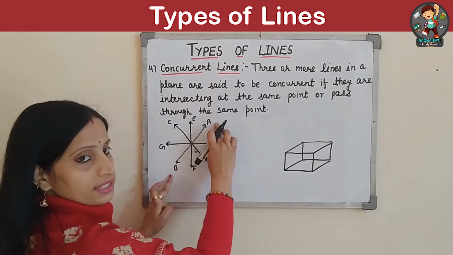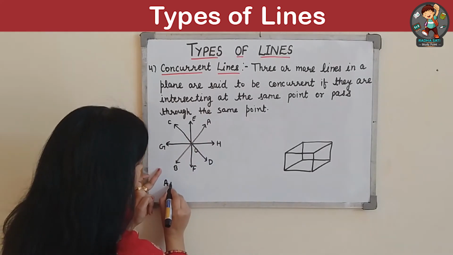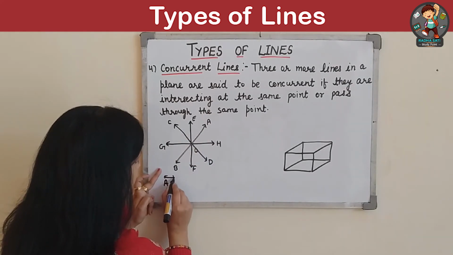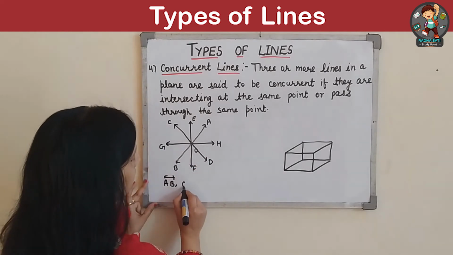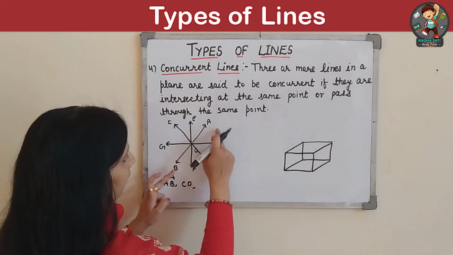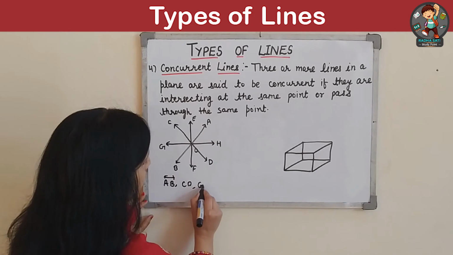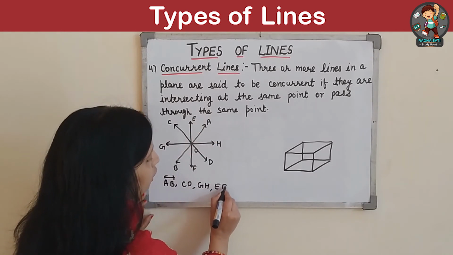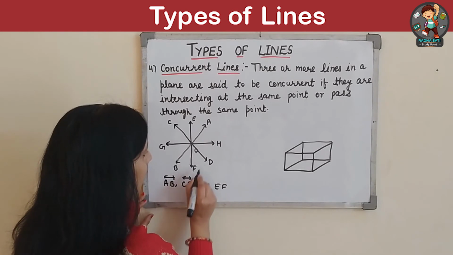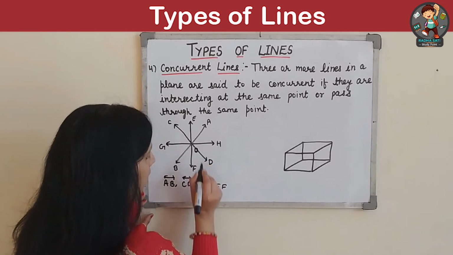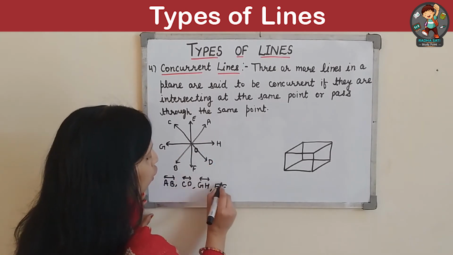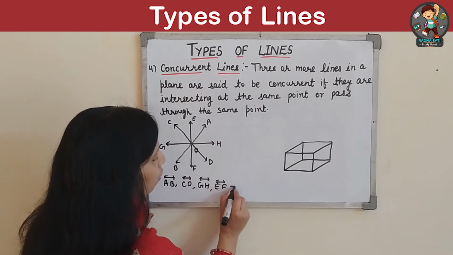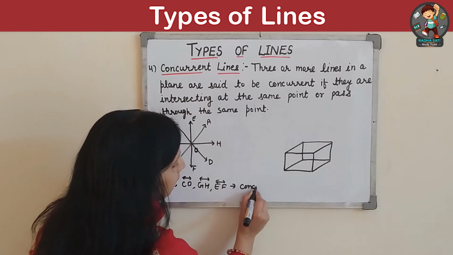So here the lines AB, then CD, then GH and EF. So all these four lines are passing through the same point O. So these lines will be known as concurrent lines.